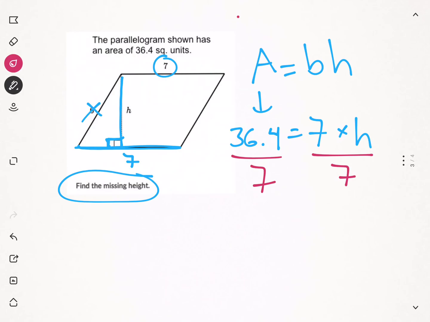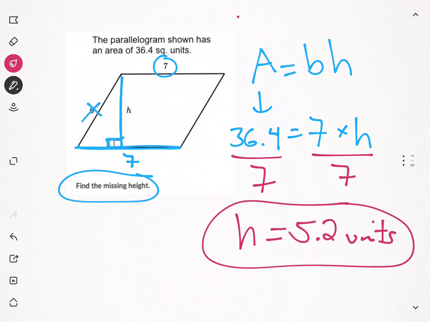So we do 36.4 divided by 7. And that gives us that the height is 5 2/10 units. Once again, just a simple division problem. We do the area divided by the base, and that's going to give us the height.